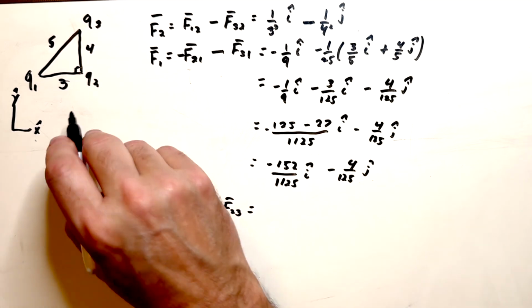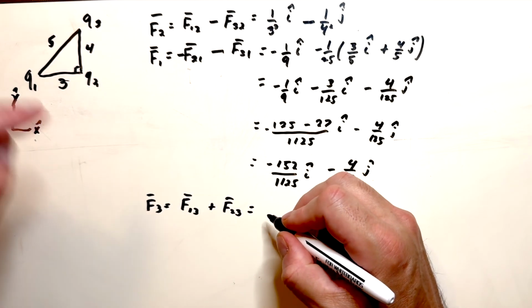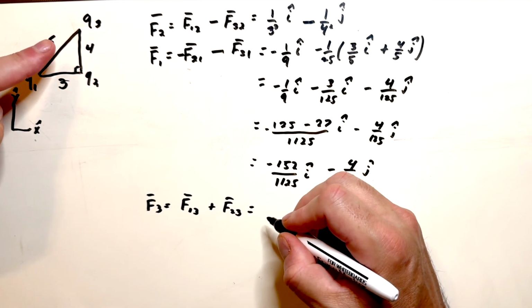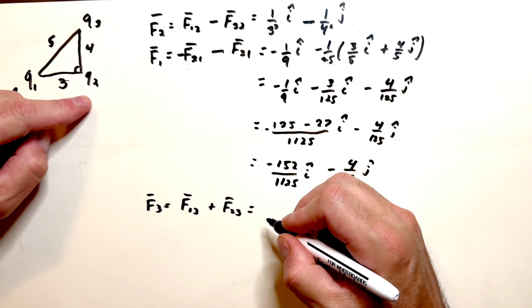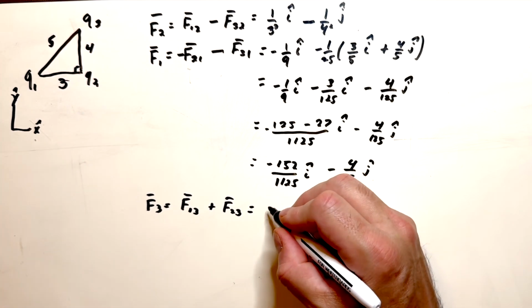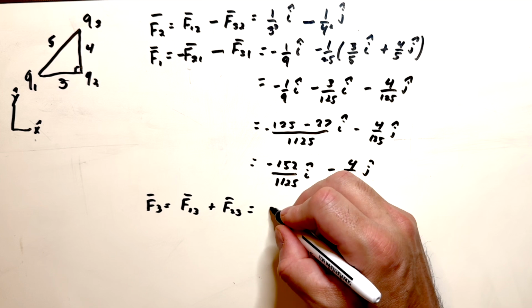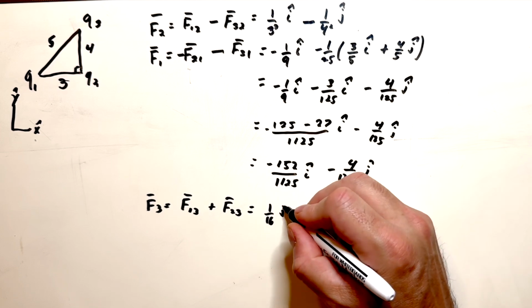Well, the force of 1 on 3 is acting purely in the... 1 on 3 and 2 on 3. Let's do 2 on 3 first, because that's purely in the y direction, right? So that's going to give us 1 over 4 squared, or 1 over 16, in the j hat direction.